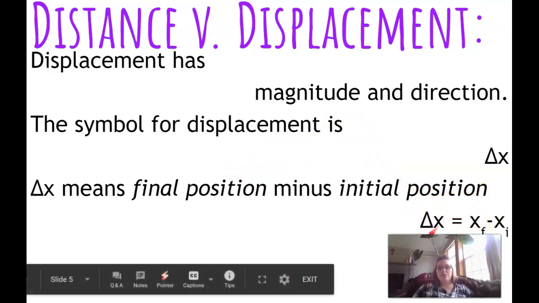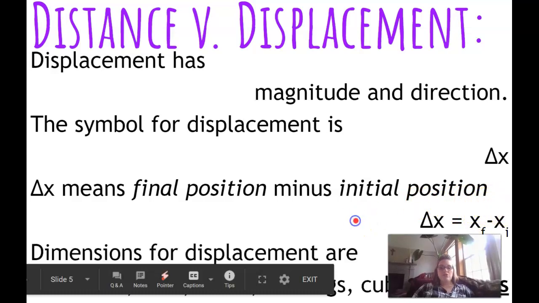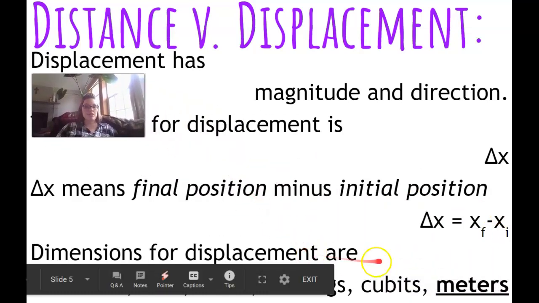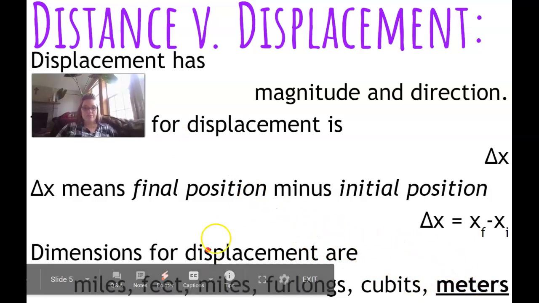So we calculate that, and you'll see that represented like this with a little delta x equals x sub f minus x sub i. This says the change in position is equal to the final position minus the initial position. And we can measure displacement using any of the various length units, meter sticks, rulers, paces, you name it. In here we'll use meters.